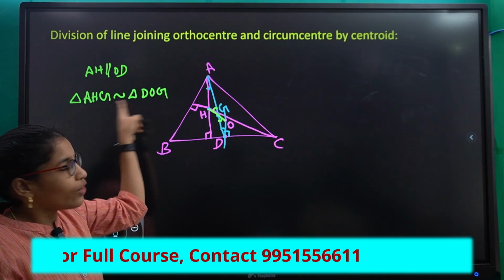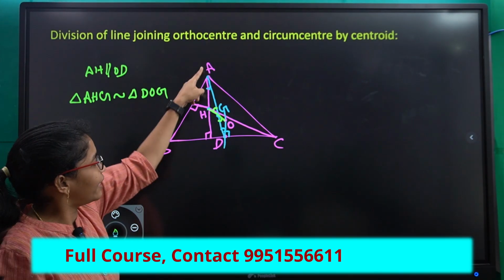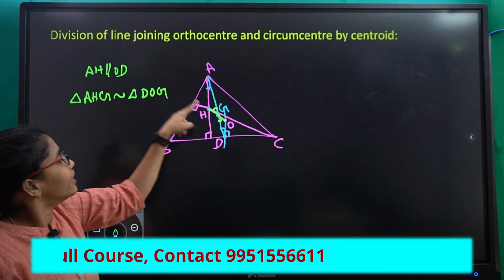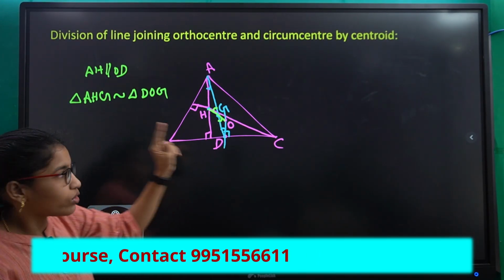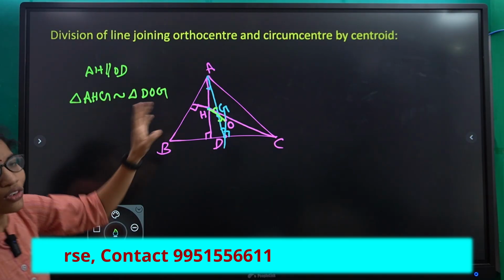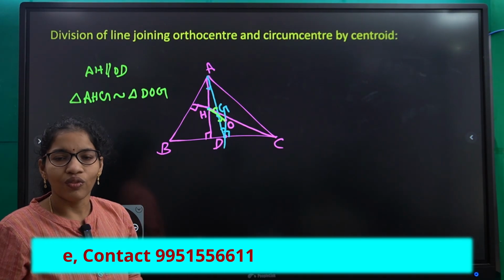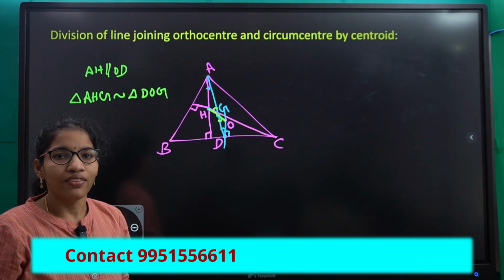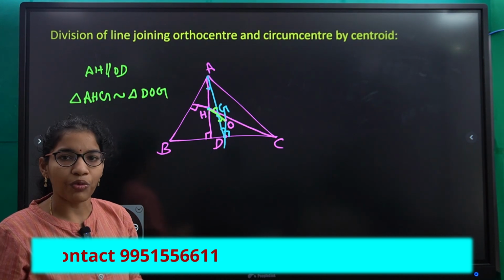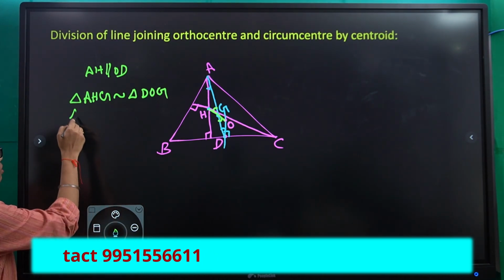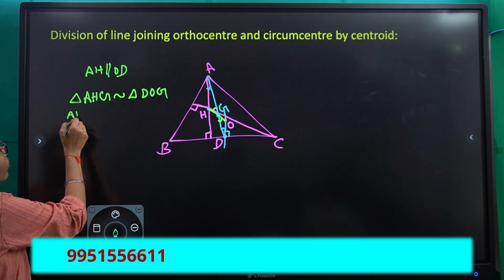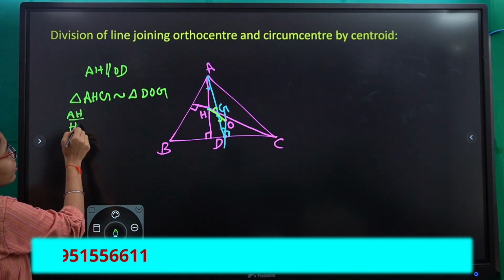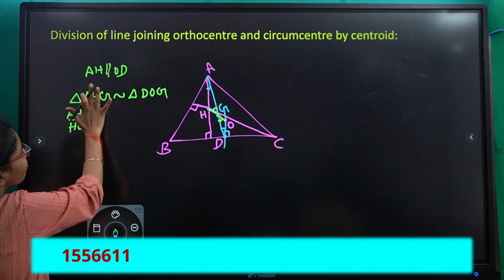AD. You have to compare the angles. A is comparing with D and here Z is comparing with Z. That means H is comparing with O. So that means AHG is similar to triangle DOZ. What is the similarity property? Here the sides ratio should be proportional. So write it down, AH by HG equals DO by OZ.